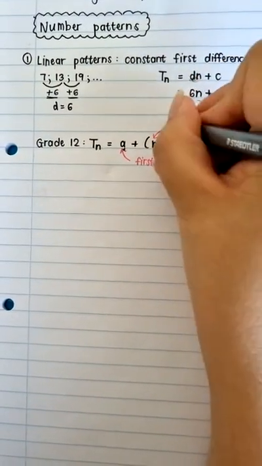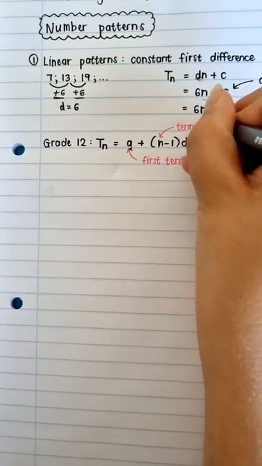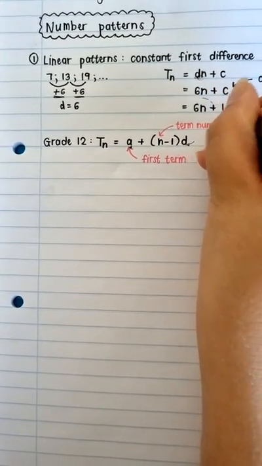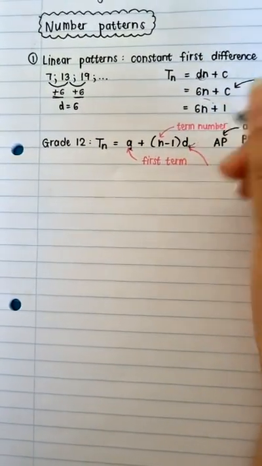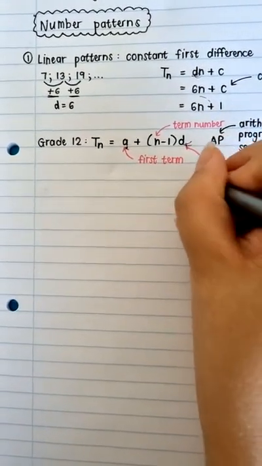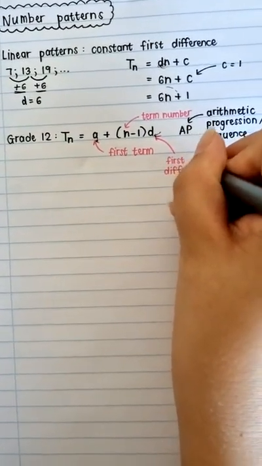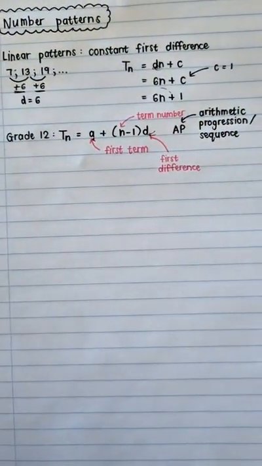N is the term number, and D is your first difference, the constant difference, the number that you are adding to each term in order to get to the next term.